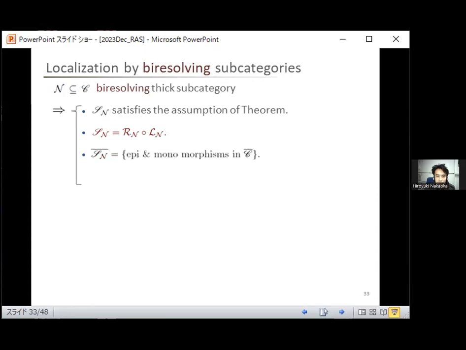Moreover, morphisms in S_N bar are ones which are both epimorphic and monomorphic in the ideal quotient C bar. And by the theorem, the localization becomes an ET category. But in this case, moreover, it becomes always triangulated.